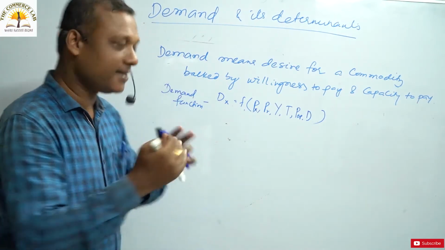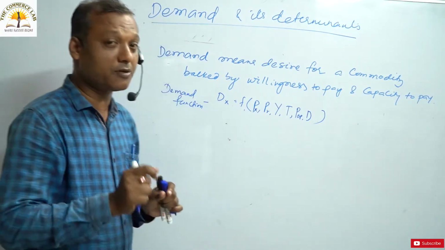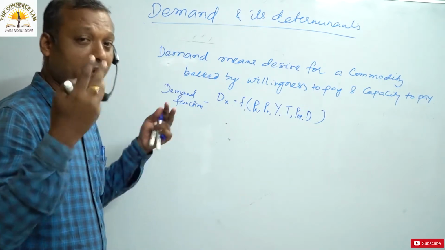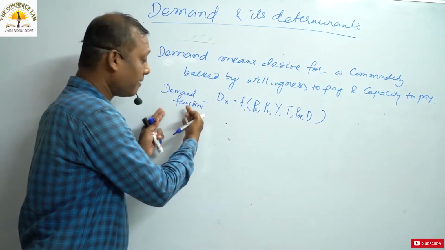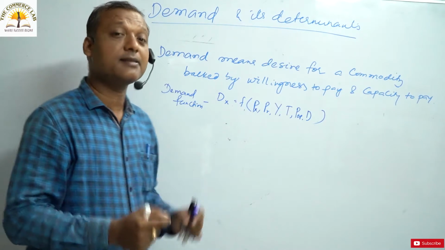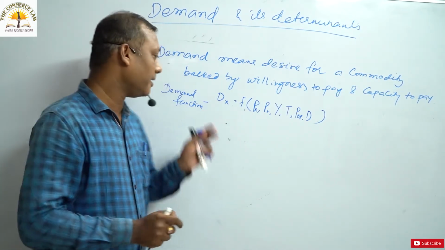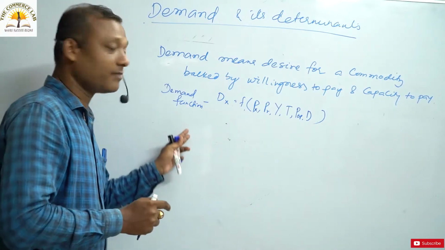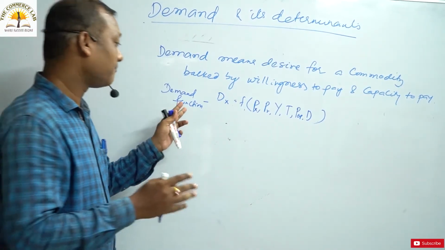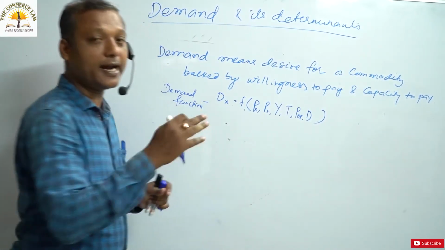It is a functional relationship. In course of time, we will study many functions, like that, we are studying demand function. Demand function expresses the functional relationship between demand of the commodity and its factors.